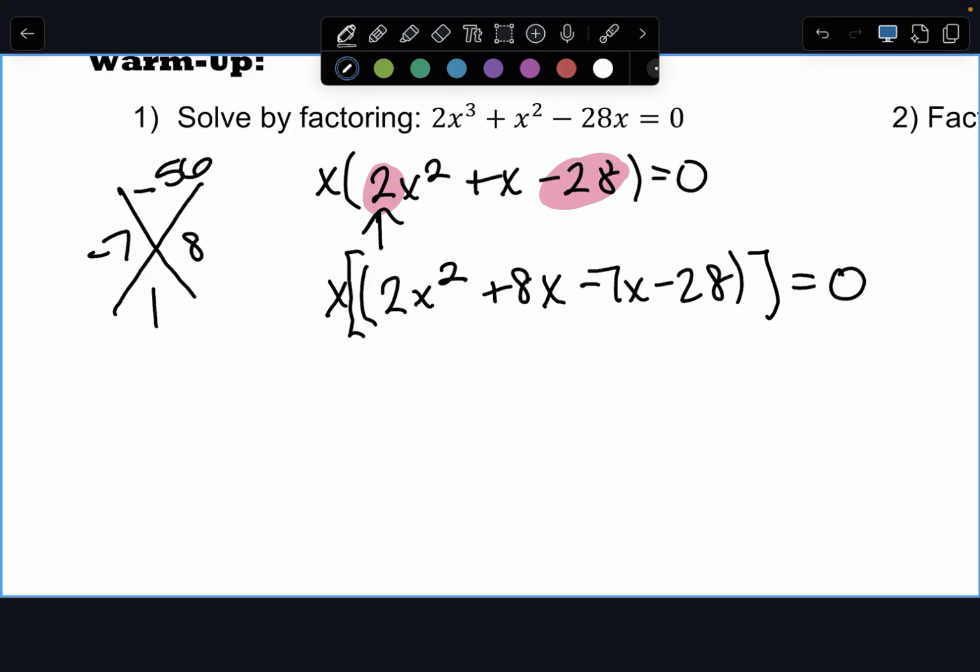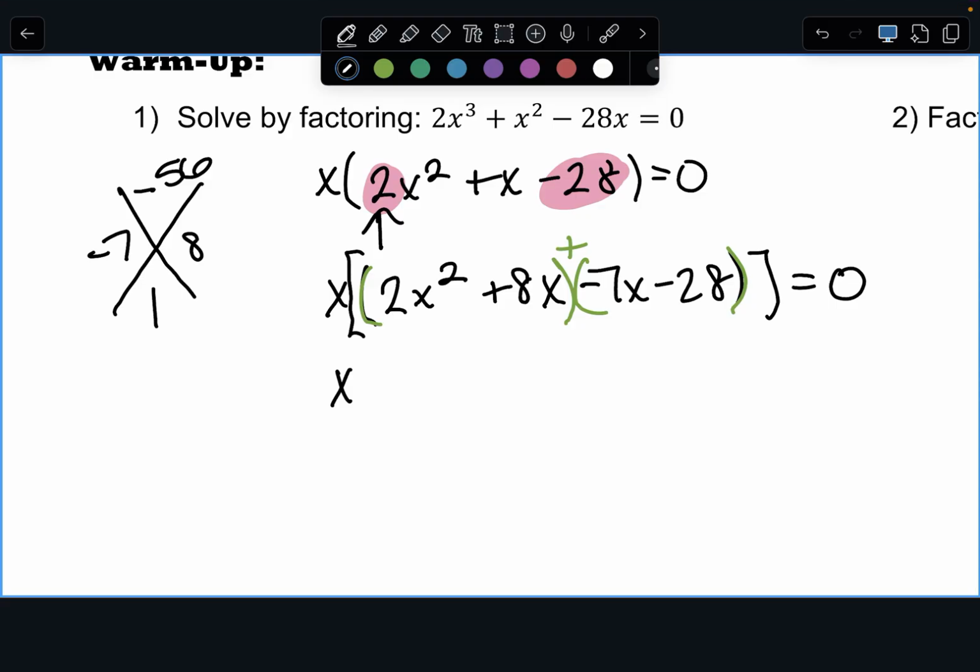Now I have 4 terms. How do I factor something with 4 terms? Grouping. So I group my first 2, my second 2. The negative stays with my second one, and I exchange it for a plus sign in between. We can't lose our GCF, so that's going to hang out with us.